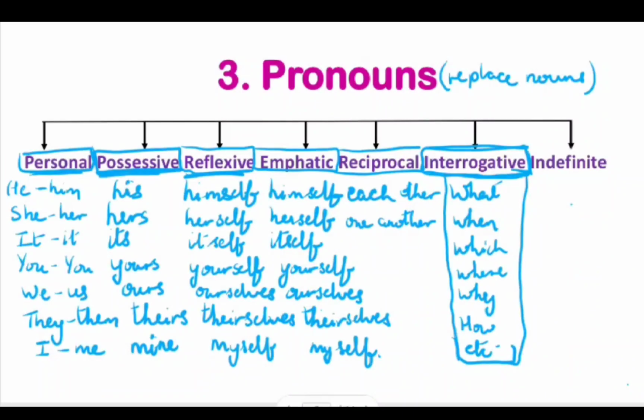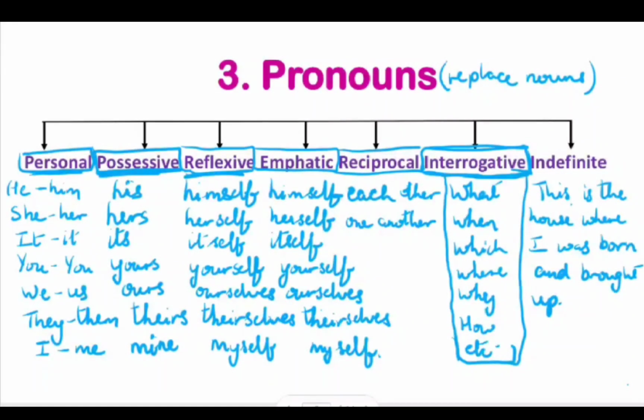For example, this is the house where I was born and brought up. Okay. Do you think this is a question or do you think this is a statement? Yes, it is a statement.